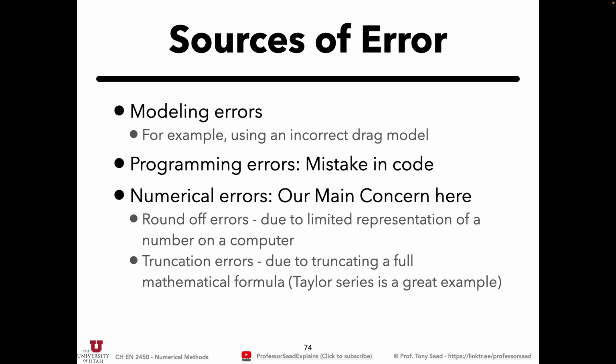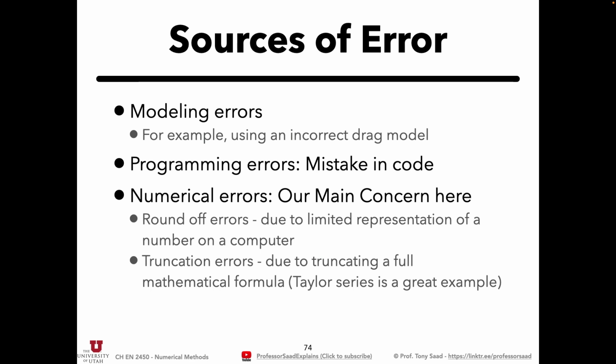For round-off errors, you saw the example from the Ariane rocket, where the conversion from 32-bit to 16-bit precision lost some precision and messed everything up. Almost always, disasters related to numerical methods have to do with some silly round-off errors.